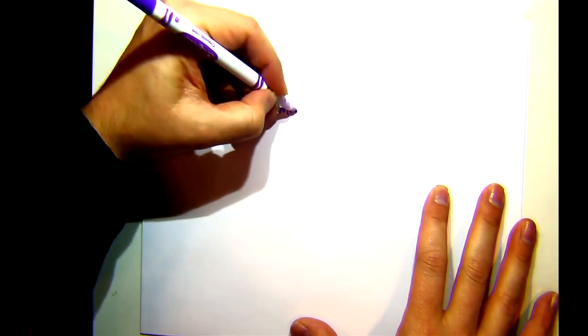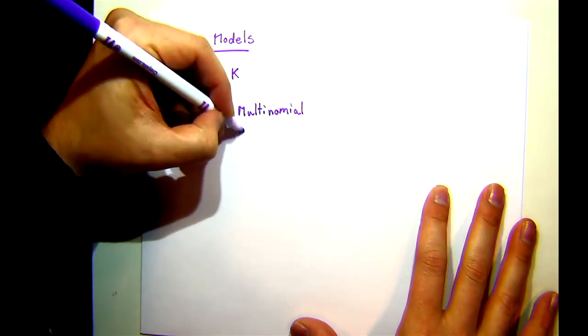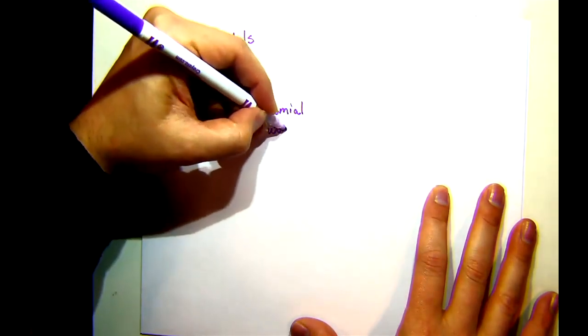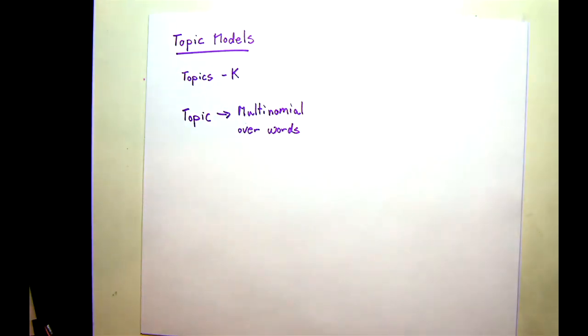multinomial distribution over words. One topic will have the probability weight towards one set of words. Another topic will have it towards a different set of words. This is a lot like the means of a cluster, but instead they're going to be the words that are going to happen in a document. So when you want to generate a document, if we look at a generative model, you'd first choose the topic, and then given the topic, you would sample a number of words.